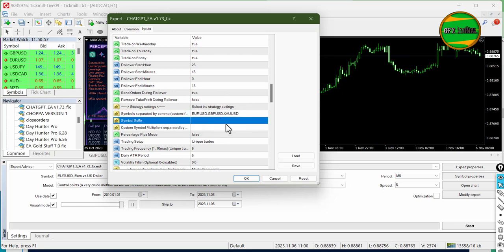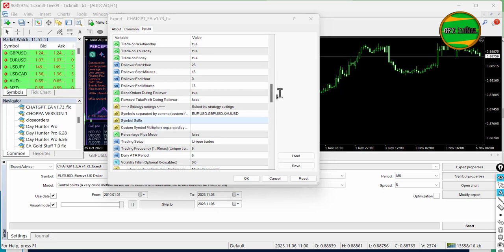Okay, if there is any suffix, I'll give you an example. Like if you see somewhere here, like EURUSD dot M, or in simple terms you can say EURUSD dash ECN.